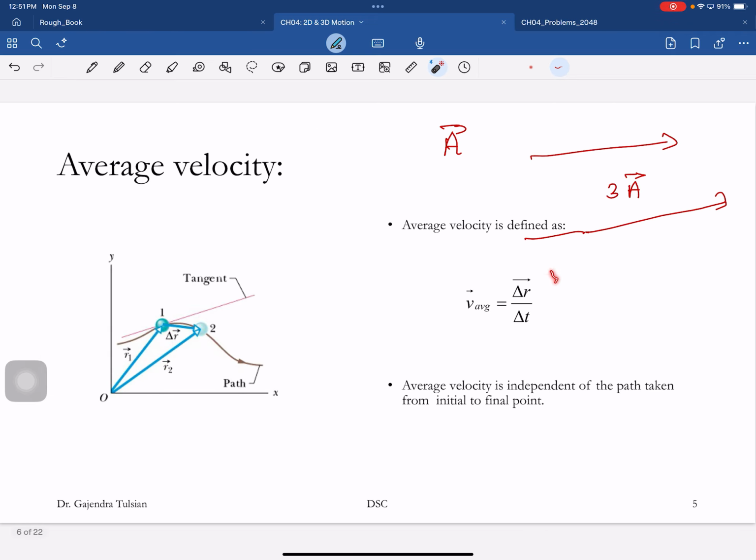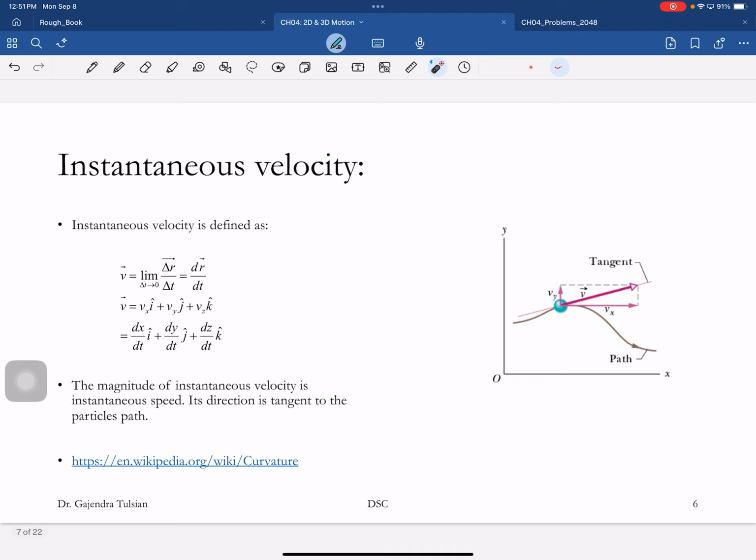Okay, generally you're not interested in average velocity, you're calculus experts, so what you're interested in is instantaneous velocity. That's the limit of this as delta t goes to 0. In the limit delta t going to 0, the average velocity becomes the derivative, and that's the instantaneous velocity.